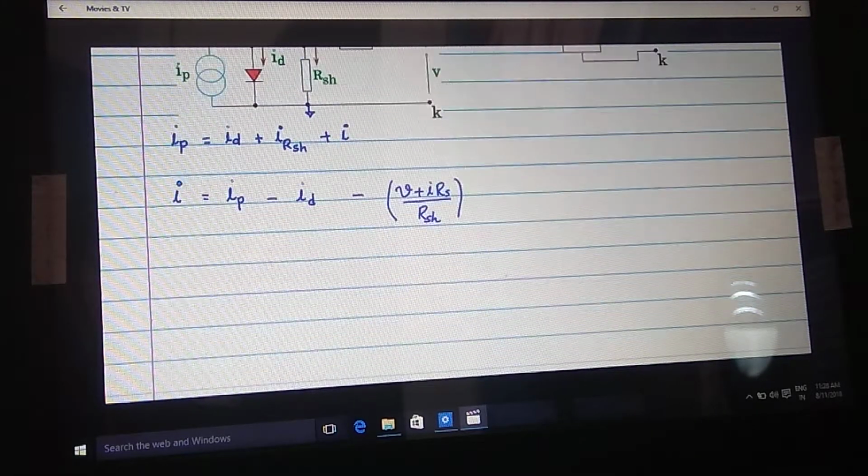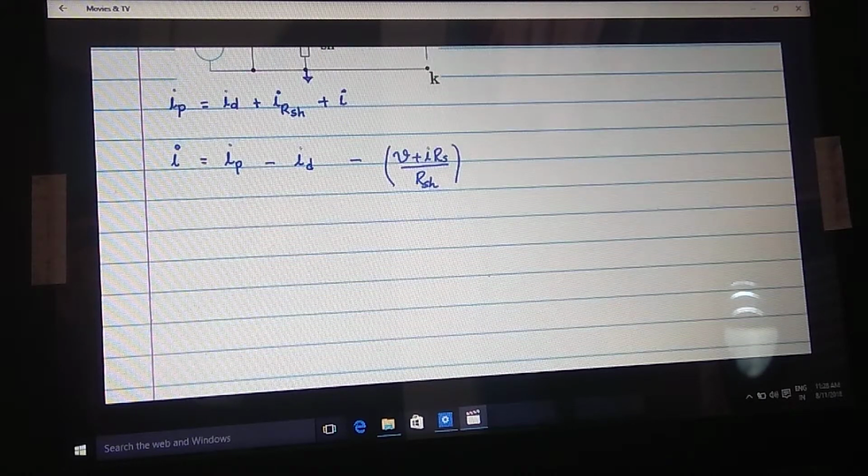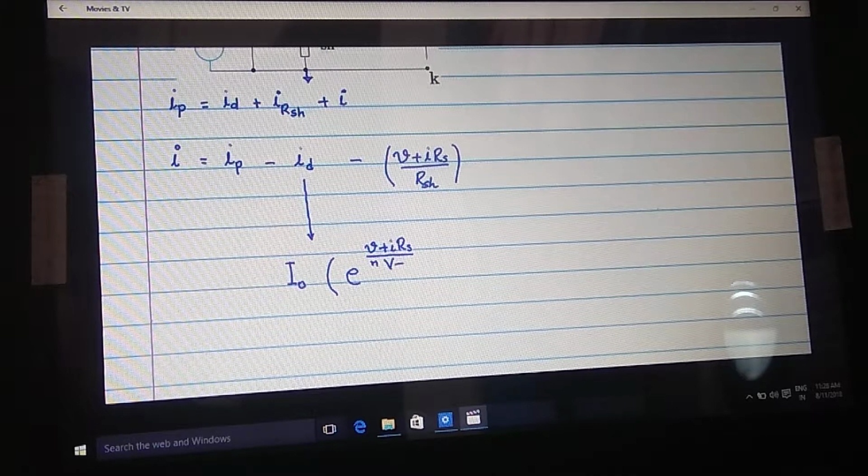Now the diode current, we know from the PN junction theory, it can be written as I naught, which is the reverse saturation current, e to the power of the voltage across the diode, which is nothing but V plus IRS, by an ideality factor N into Vt, minus 1.